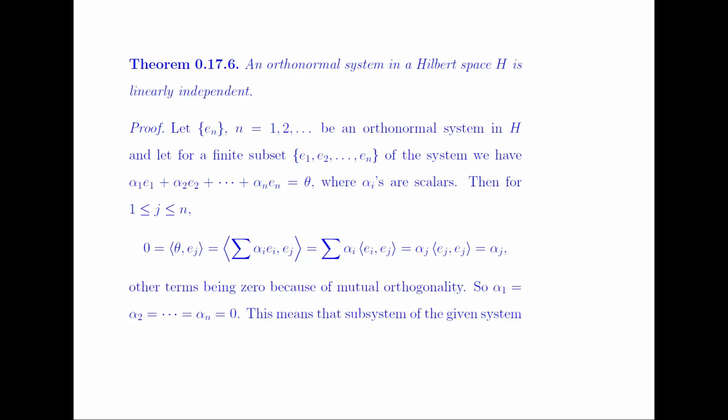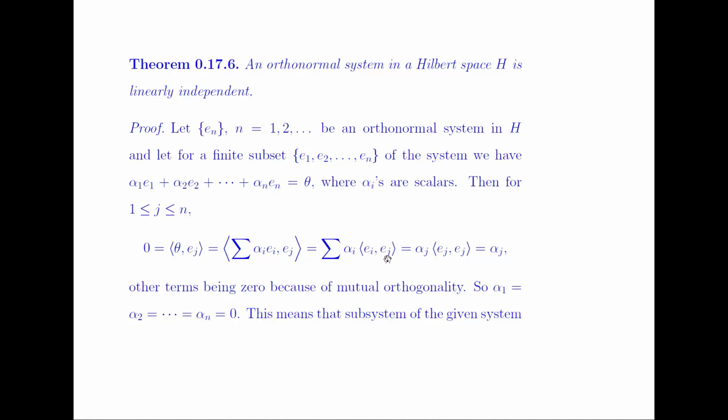Then for 1 less than or equal to j less than or equal to n, we have the zero vector equal to the inner product of the zero vector with e_j, which is the inner product of the summation of alpha_i e_i with e_j, equal to the summation of alpha_i times the inner product of e_i, e_j.